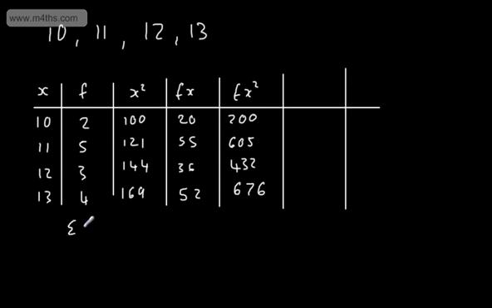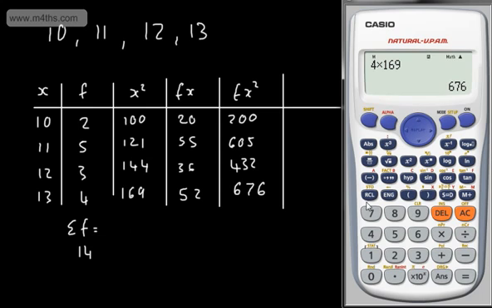So the sum of f is going to be equal to a total of 14. Now for f of x, I've got 20, 36, 52, and 55. Let's add these up: 20 plus 55 plus 36 plus 52 gives me 163.